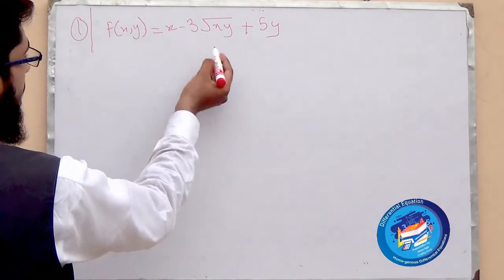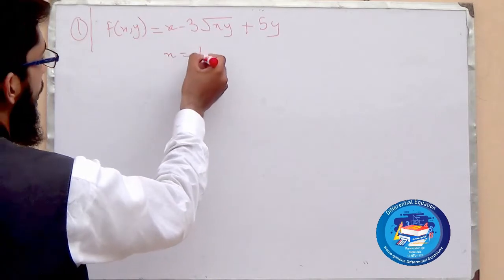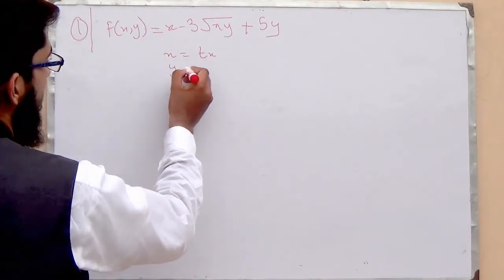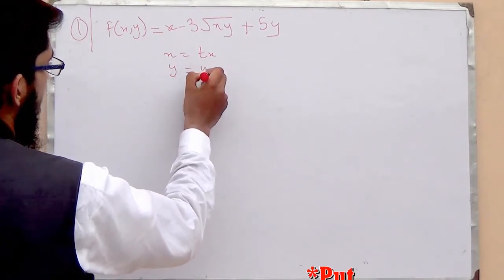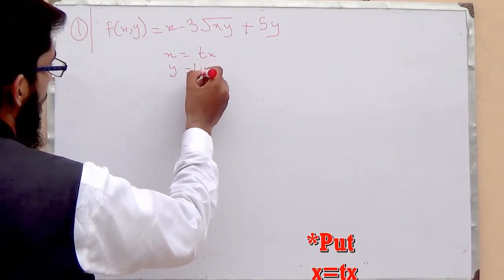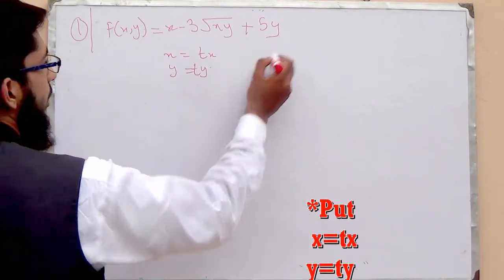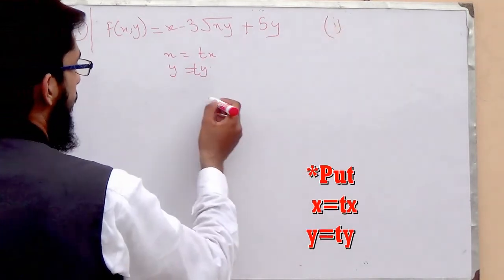So let's solve it. Simplify it: put x is equal to tx and y is equal to ty. Put this in equation 1.